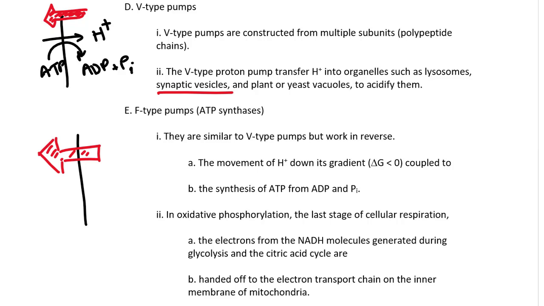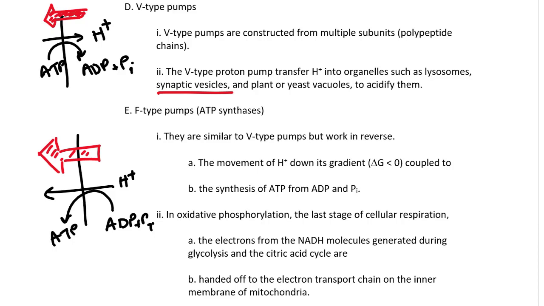So what does an F-type pump do? It will move H+ down its gradient and will take an ADP plus a Pi and make ATP out of it. Right? So this condensation reaction of going from ADP to ATP is unfavorable.